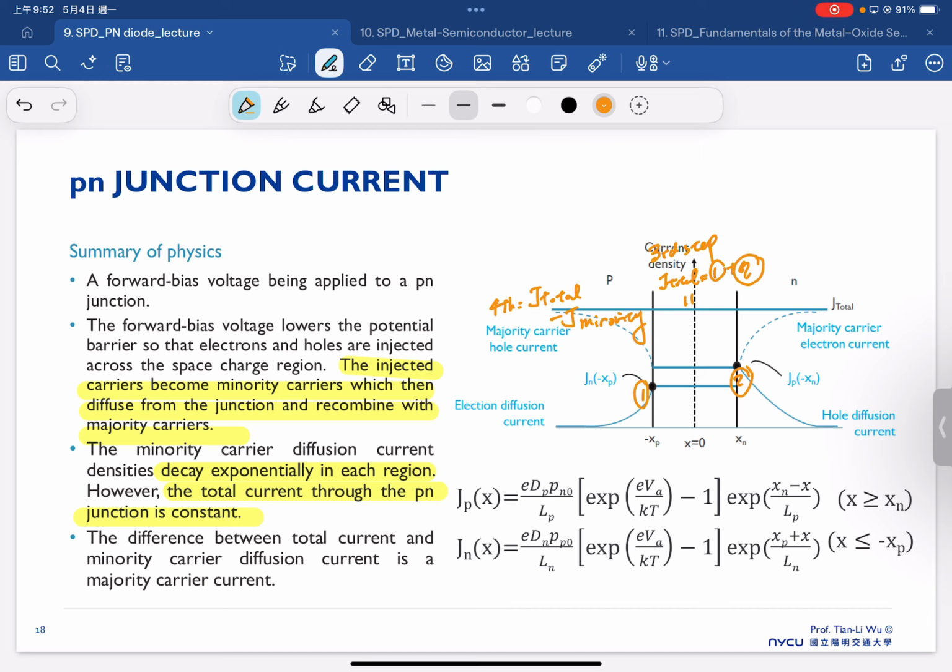So in the end, we can also get the majority carrier hole current on the P side and majority carrier electron current on the N side. So the idea is not that complicated. But of course, the process needs to be followed one by one until this point. If you look at the equations, yes, it's indeed a little bit complicated. But if you are patient and go through the whole process, in the end, the physics is quite straightforward.